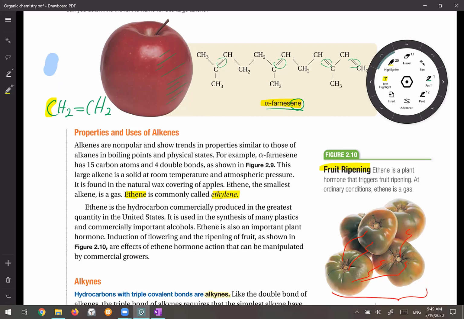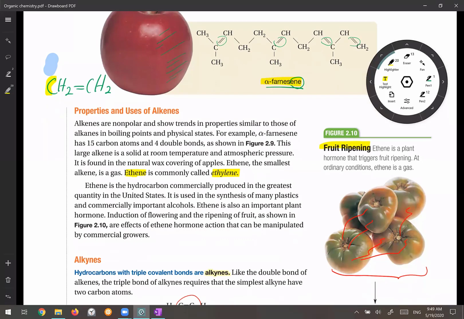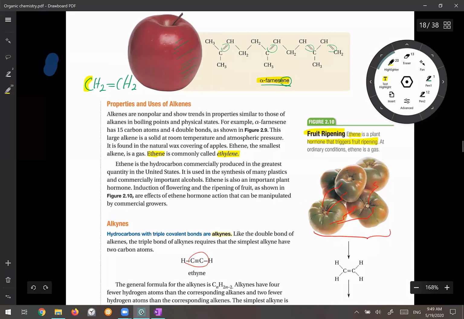So if you have a tomato which is green, if you put it inside a box or you pile it on each other, because they produce the ethene, this ethene gas acts as a hormone and it triggers fruit ripening. So these are 2 examples of the alkene that you can see around you.